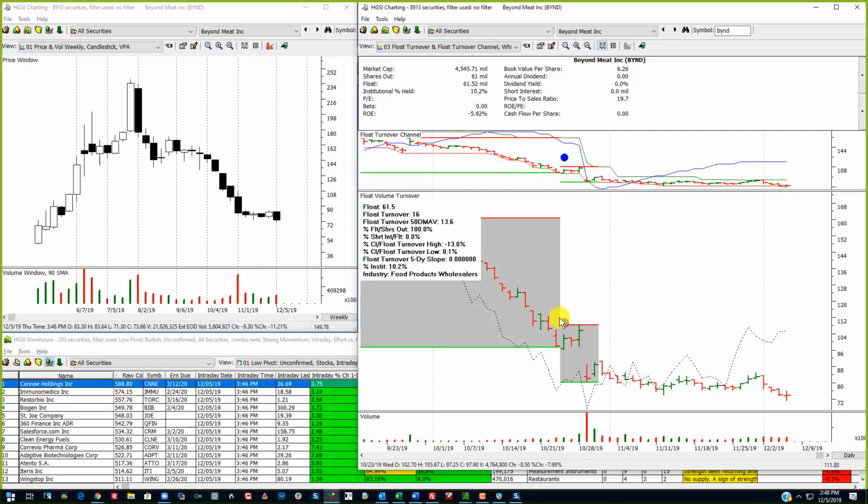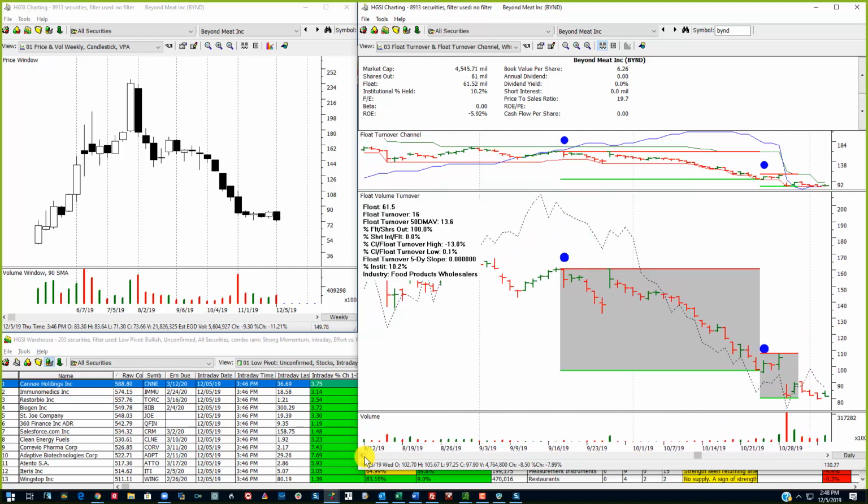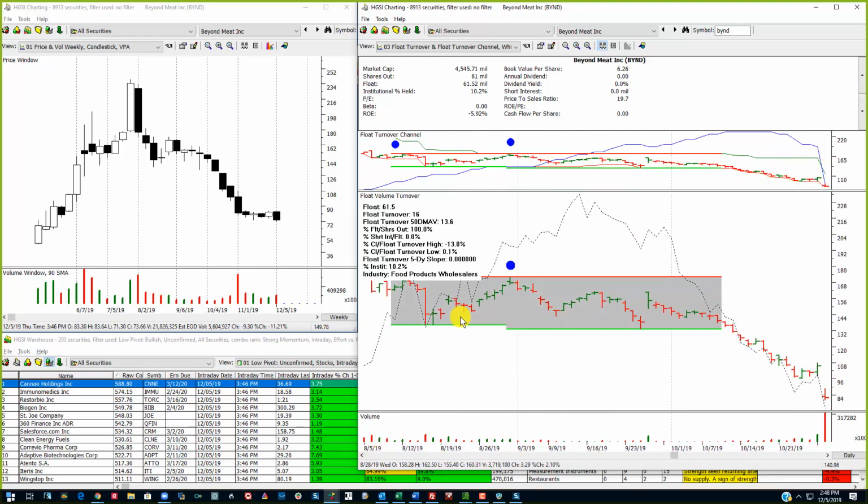And maybe I didn't see it one day, but this box right here, I thought I did, but I could be wrong on that. Right in here, these are 2 float periods here, and you can see how quickly it was turning over right here. Now let me go back in time a little bit here when everybody had to get into this stock.